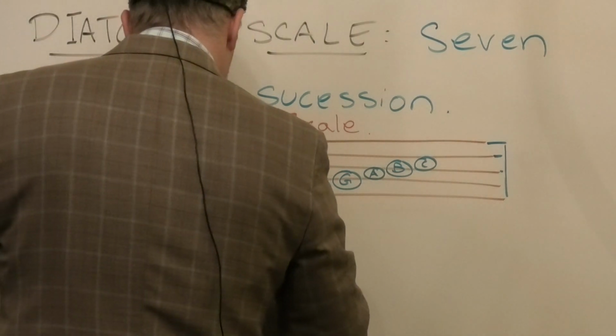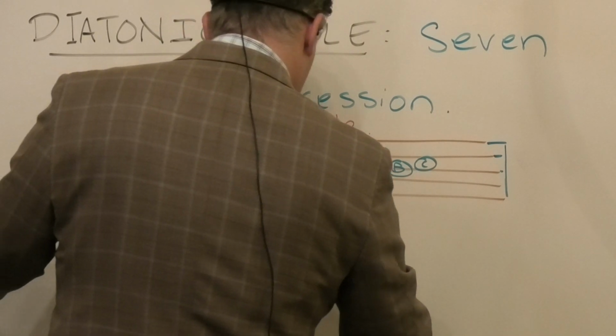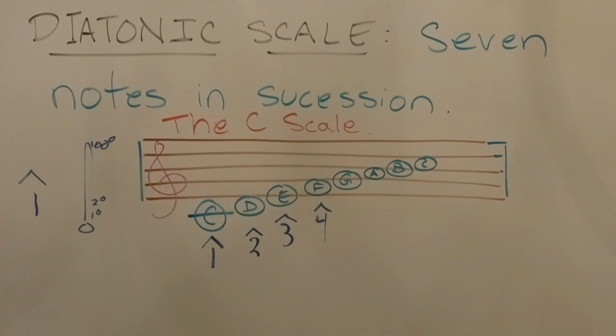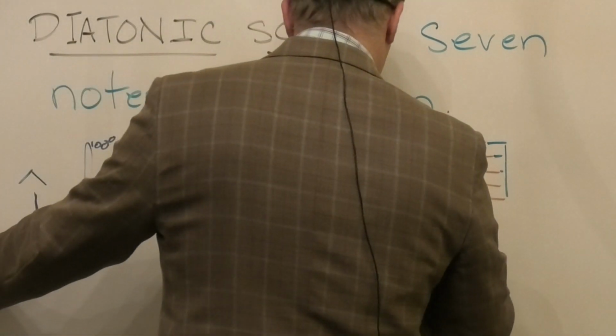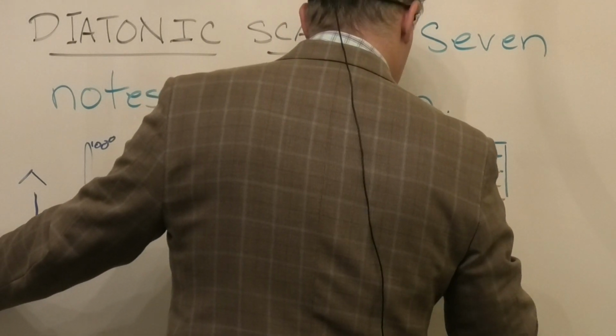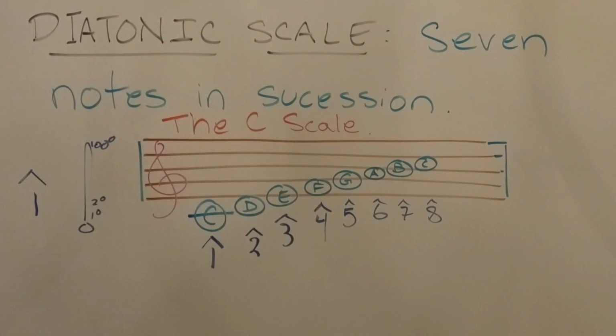So this is scale degree 1, scale degree 2, scale degree 3, scale degree 4, scale degree 5, scale degree 6, scale degree 7, scale degree 8. But just like 1300 hours, there is no 8. 8 equals 1.